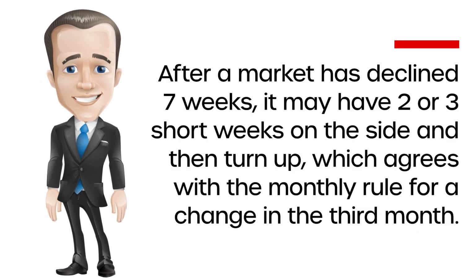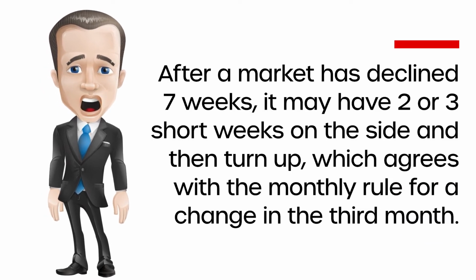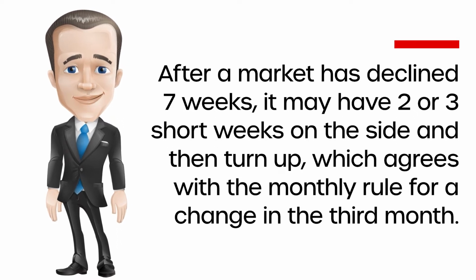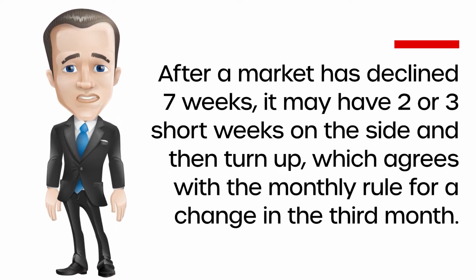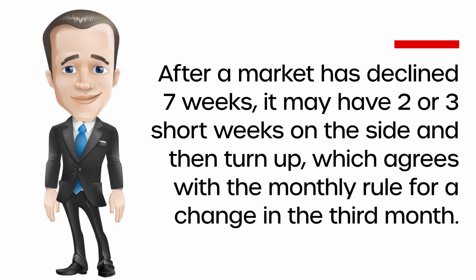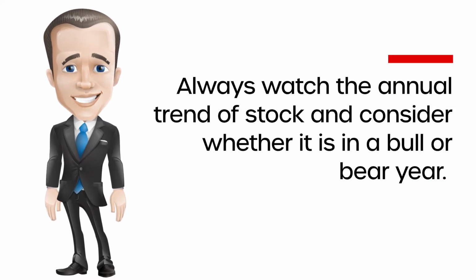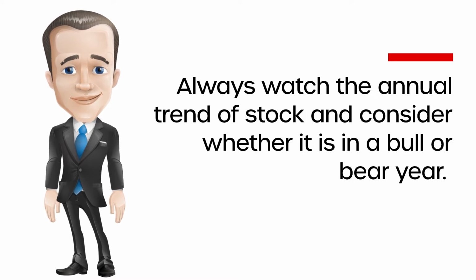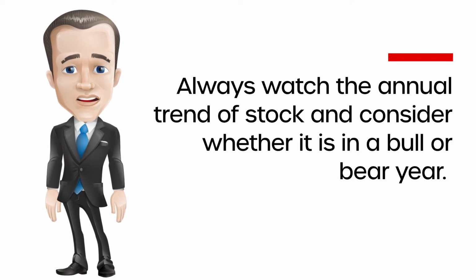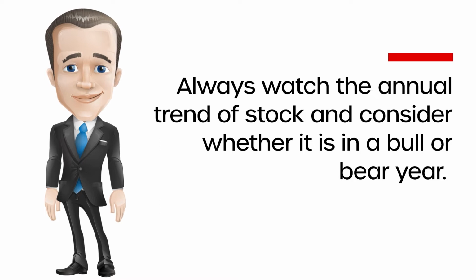After a market has declined 7 weeks, it may have 2 or 3 short weeks on the side and then turn up, which agrees with the monthly rule for the change in the third month. Always watch the annual trend of the stock and consider whether it is in a bull or bear year. In a bull year, within the monthly chart showing up, there are many times that a stock will react 2 or 3 weeks, then rest 3 or 4 weeks, and then go into new territory and advance 6 to 7 weeks more.